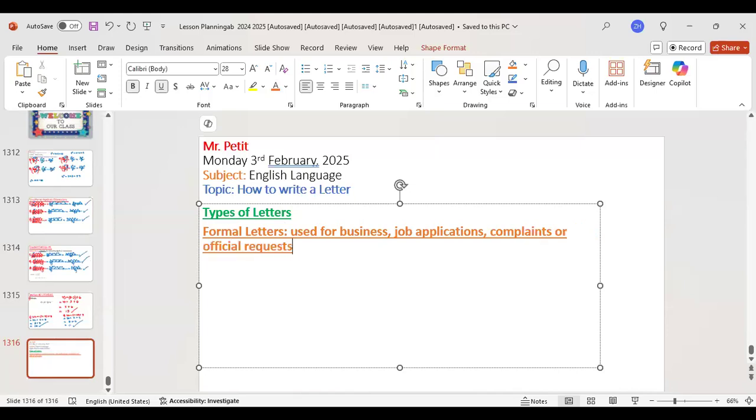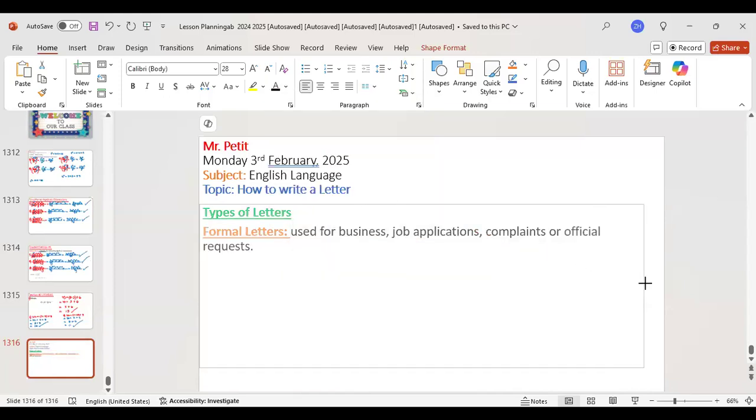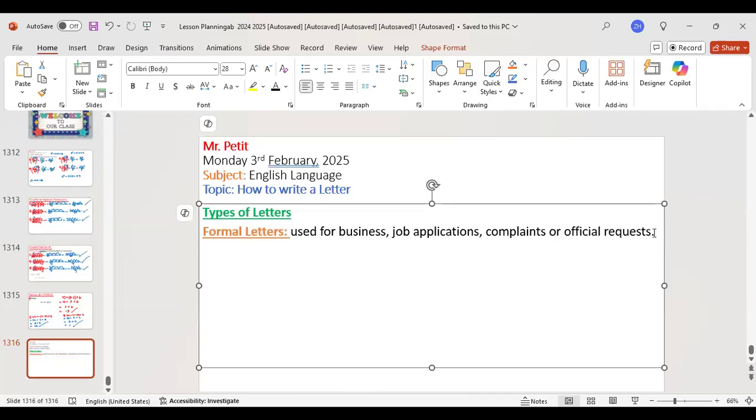That's the formal letter, or in your case, they may call it the business letter. Formal letter means that you are going to be as professional as you possibly can be. Your diction is going to be on point. Your tone is going to be proper. So what's the first type of letter that we talked about? The formal letter or business letter.